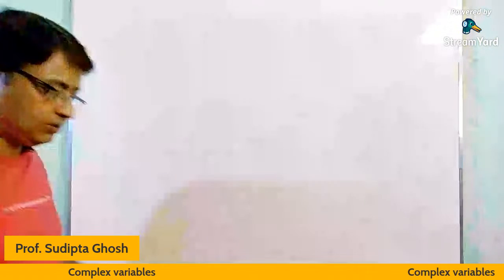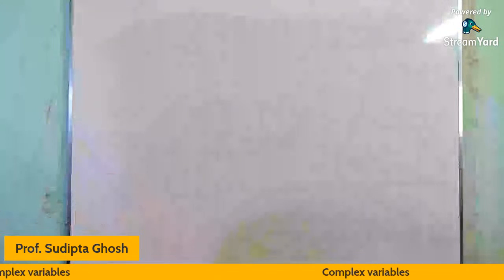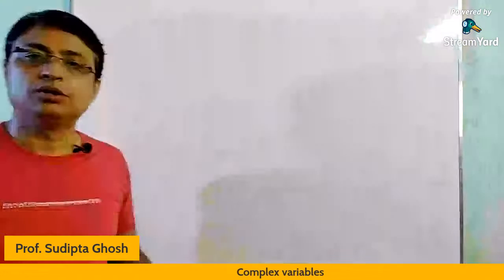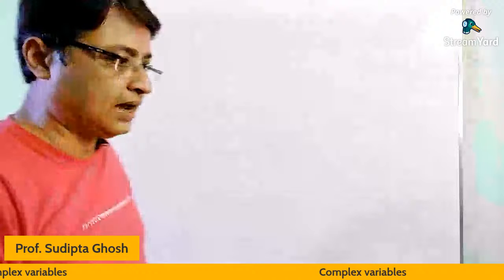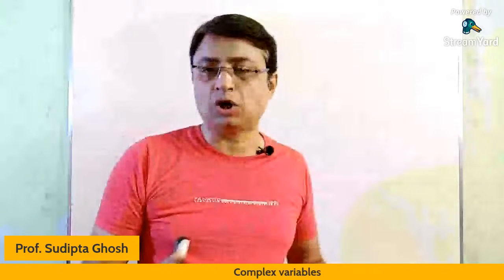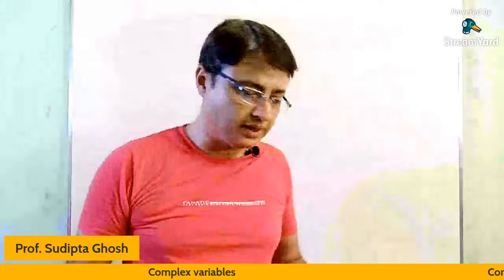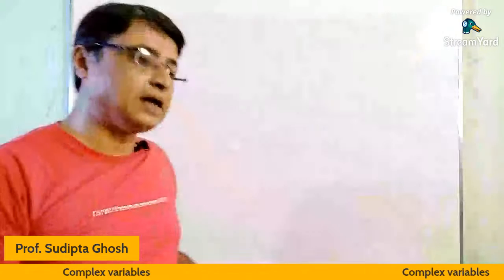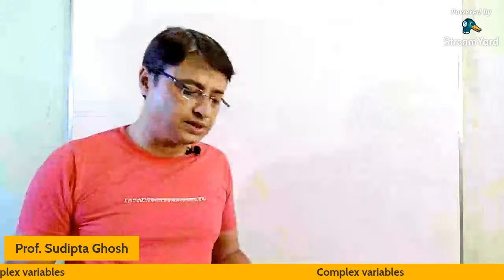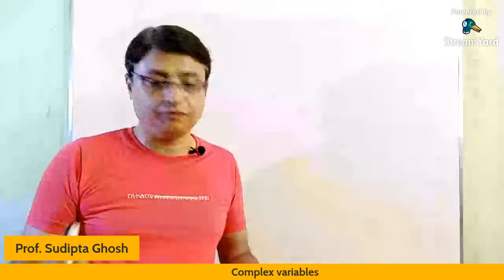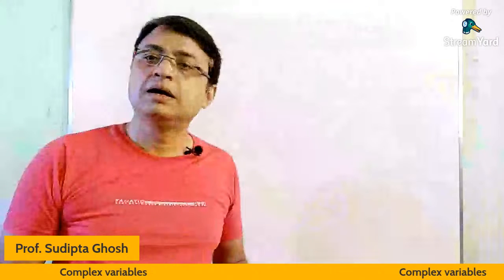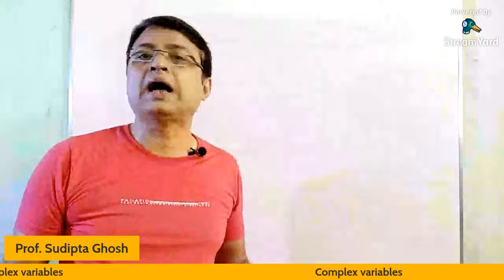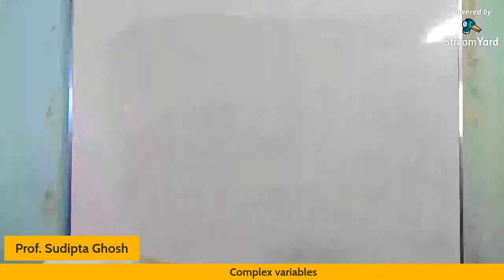Now the conjugate harmonic function, denoted by v(x,y). I have already discussed the conjugate harmonic function. It is related to u(x,y) by the Cauchy-Riemann equation.